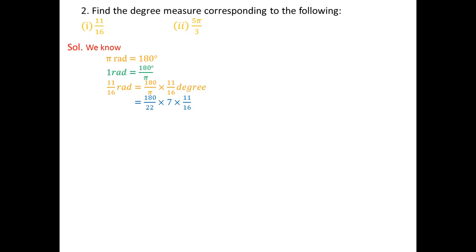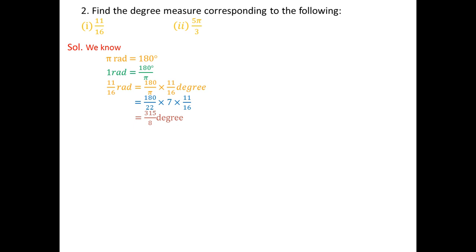After simplifying, we put here the value of pi, which is 22 by 7. Substituting the value of pi 22 by 7, we get 180 by 22 into 7 into 11 by 16. On simplifying, we get 315 by 8 degree.